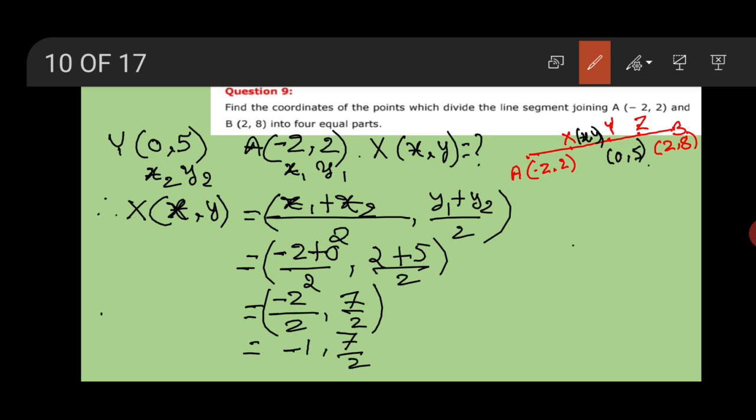Simplify again: minus 1 and 7 by 2. Therefore coordinates of x are (minus 1, 7 by 2).